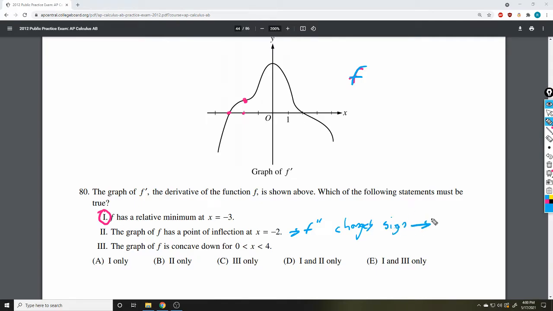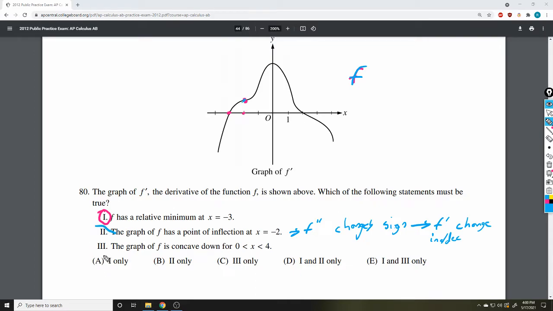And that would mean that f prime needs to change from increasing to decreasing, or from decreasing to increasing. In other words, in order for there to be a point of inflection, f prime needs to have a maximum or a minimum.